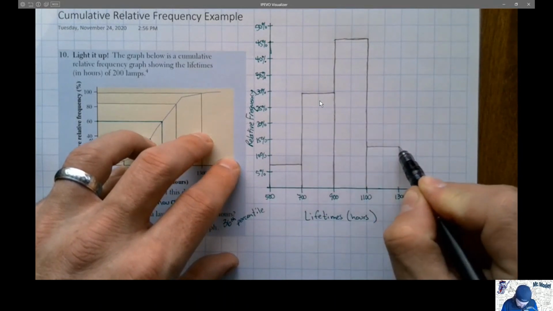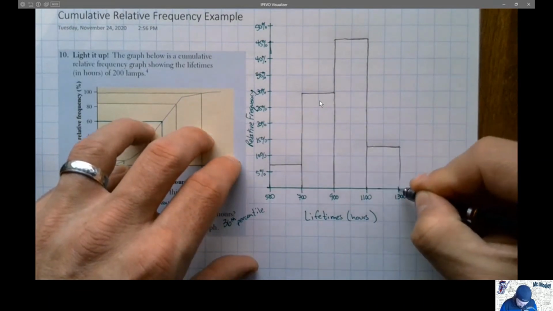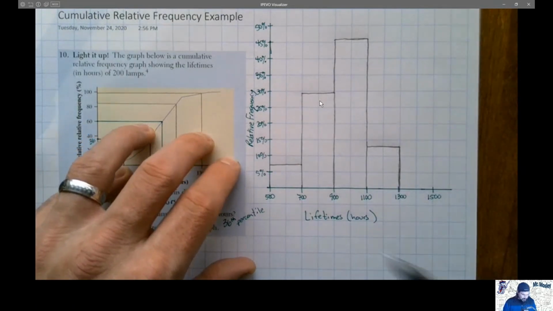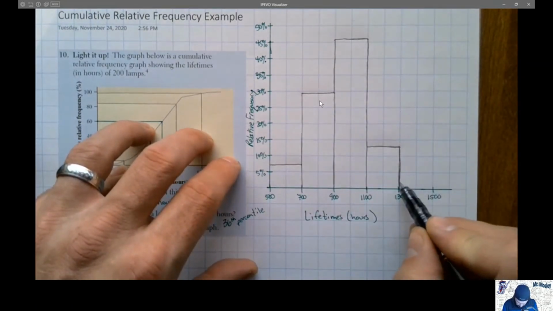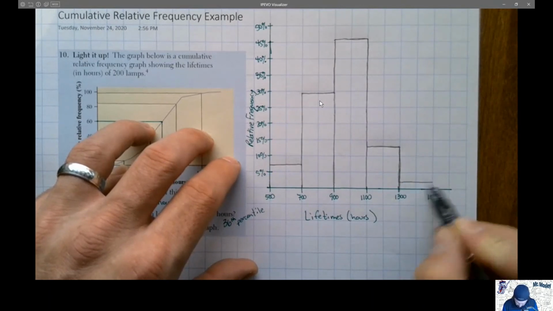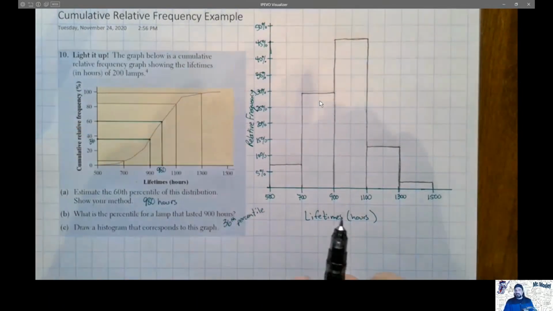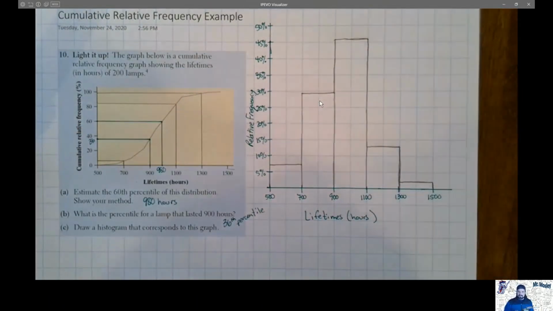Here we go. All right. And if we're at 98%, that means we've got 2% left over. That's going to go here. Okay. And so here is our relative frequency histogram that corresponds to our cumulative relative frequency graph.